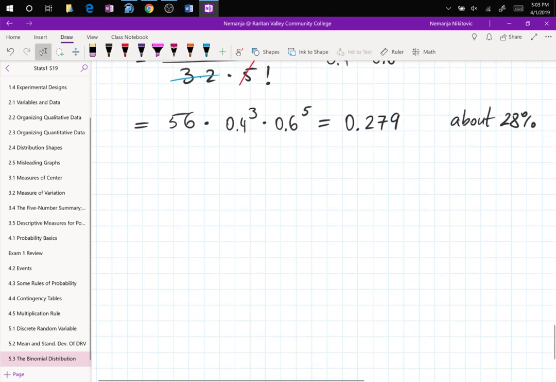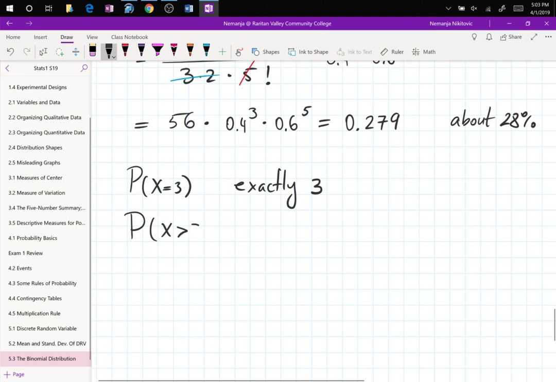So when we are talking about wording and notation, P(x = 3) is exactly 3. Exactly 3 out of 8 are intoxicated. P(x larger than 3), P(x less than 3) with the equal signs.